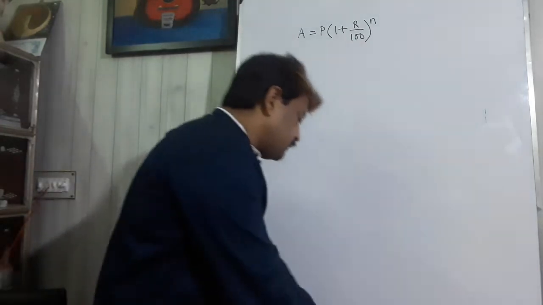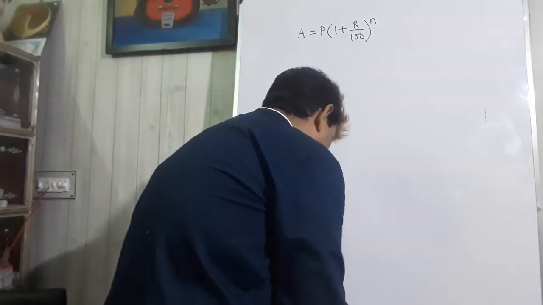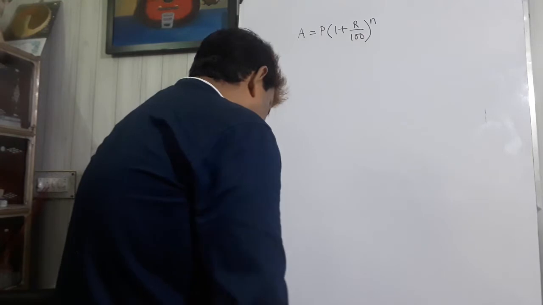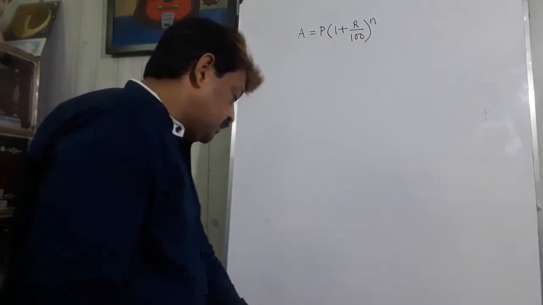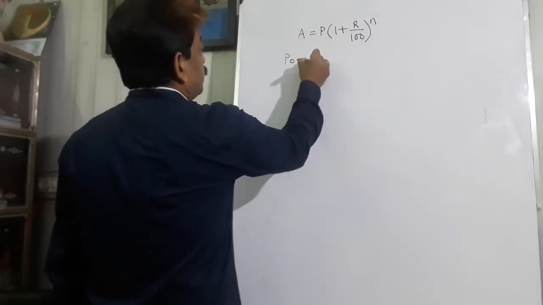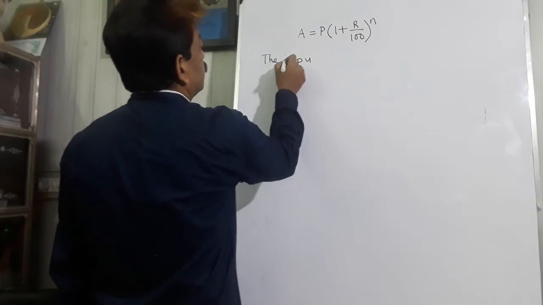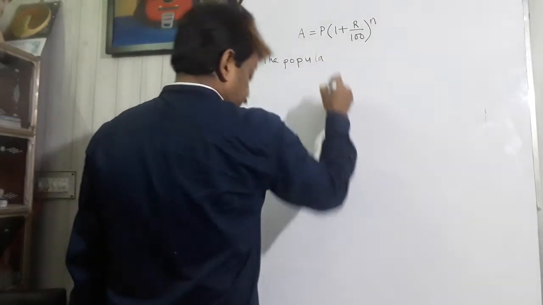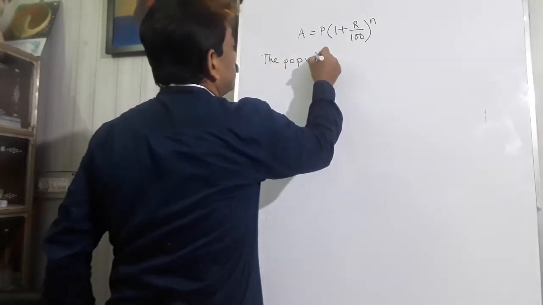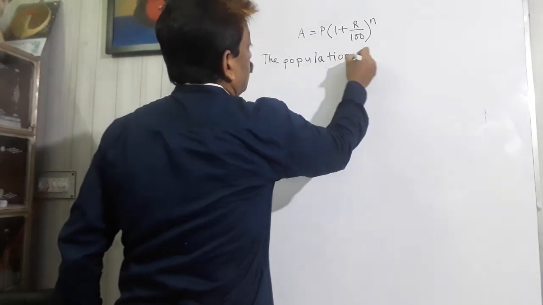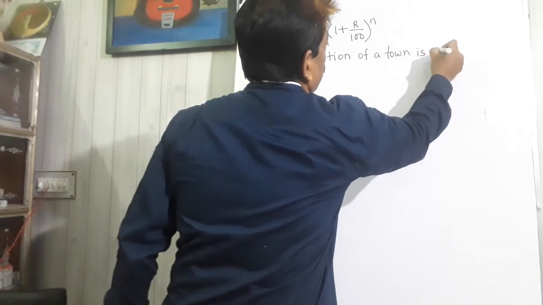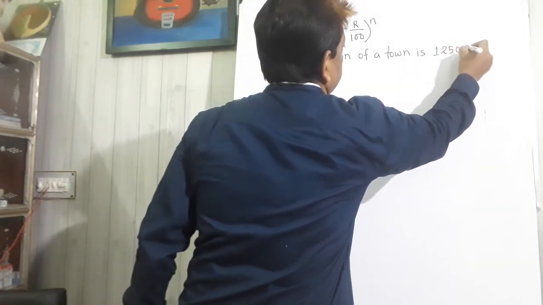So one such question is: the population of a town is 1,25,000.